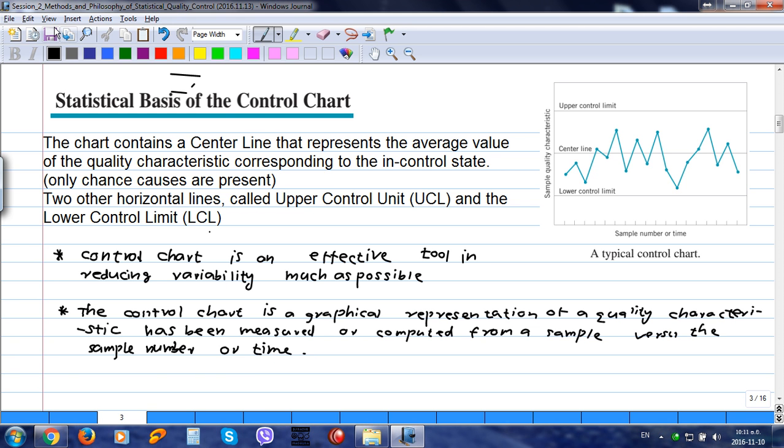So that is the meaning of a control chart.